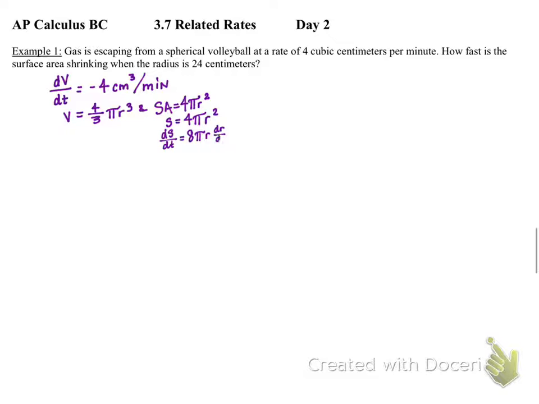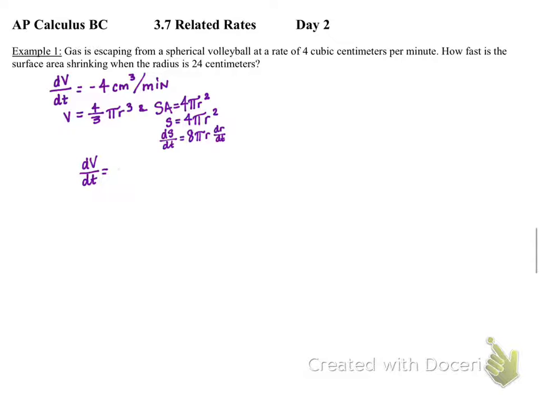And in order to find dr/dt, we can use our dV/dt, which we know from the initial problem, and our formula for volume, 4/3 pi r cubed.